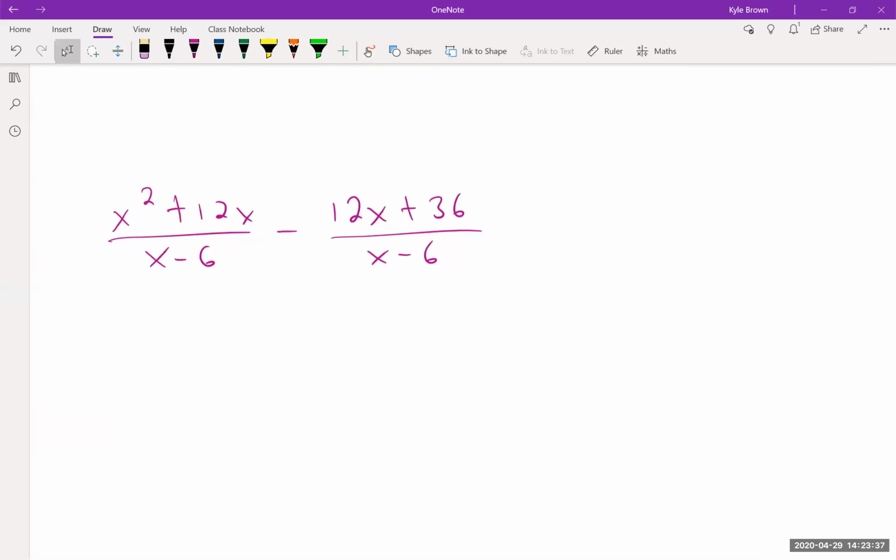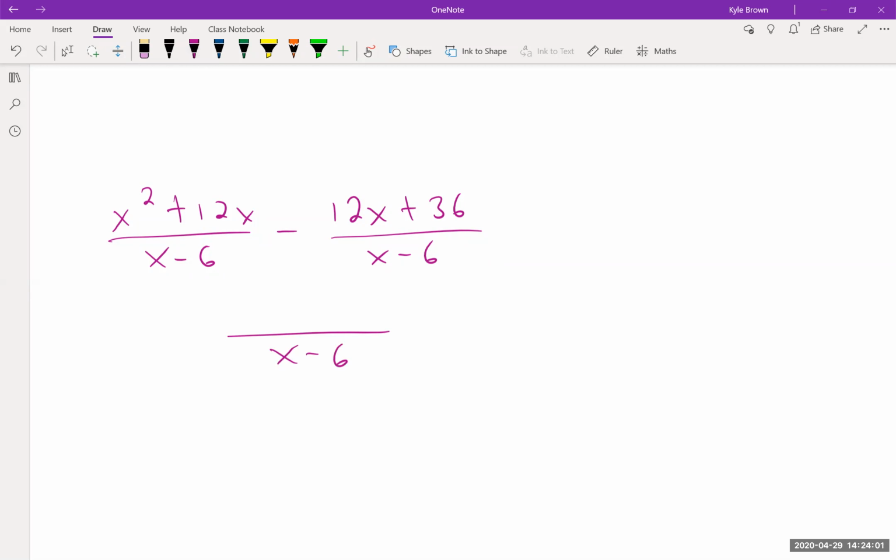Okay, so when you see one of these, you guys should be happy because those are the same, right? So if those are the same, don't start multiplying it by things like what we've been doing before. If those are the same, then let's actually just write that down. That's already a common denominator. So I can write that out. That is my common denominator, x minus 6. I don't need to multiply either side by anything.